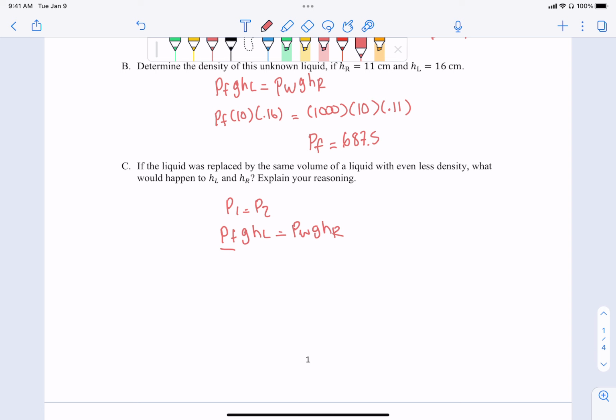Let me think about this for a second, because I want to say for sure that HR would decrease, and HL stays the same. I'm trying to think about this again. What's that? Yeah, go ahead.